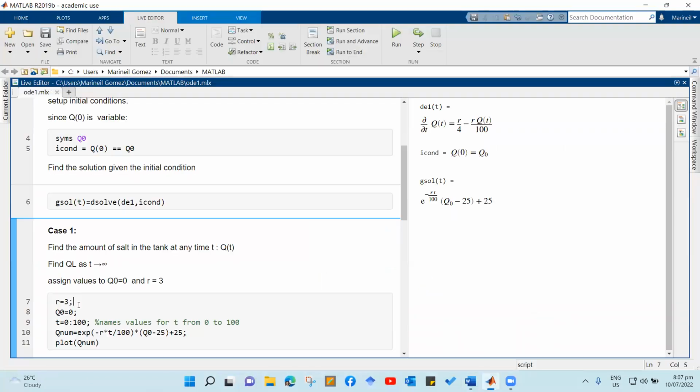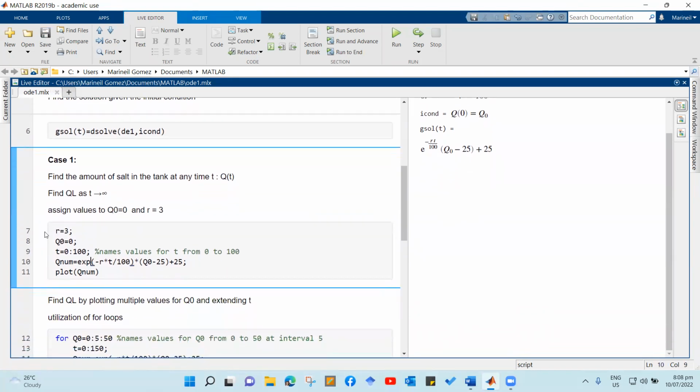Okay, now since we have this equation, I do admit there are shortcuts for this one, because now the problem here is our gSol(t), which is the solution. It describes the amount of Q over a time t. This is a symbolic function.